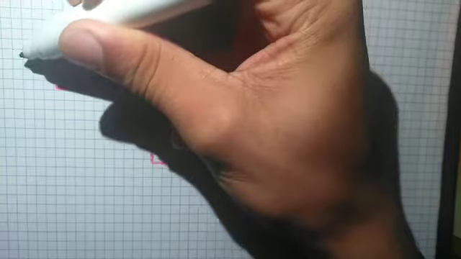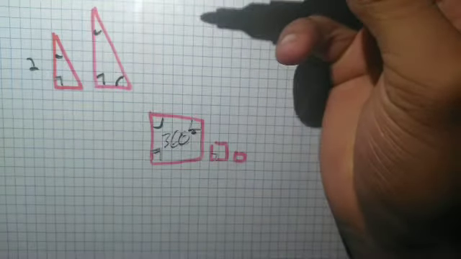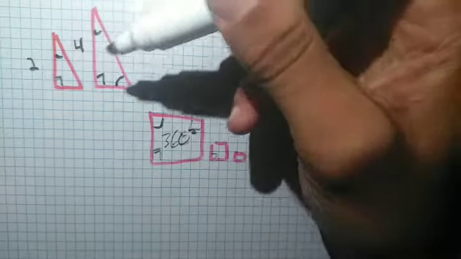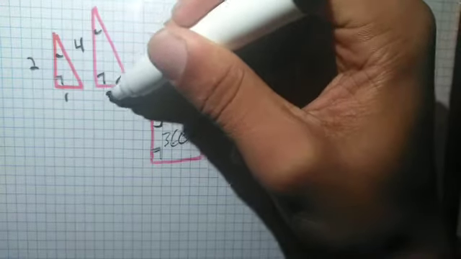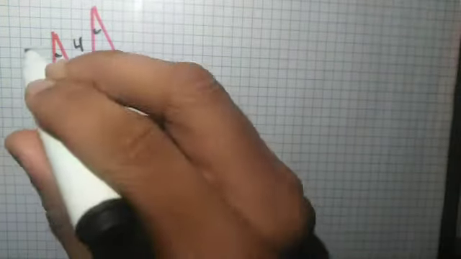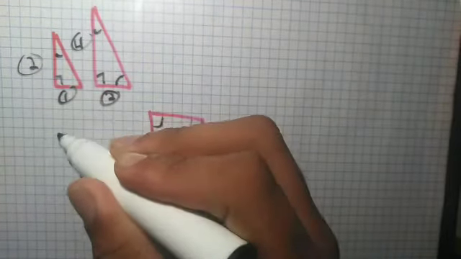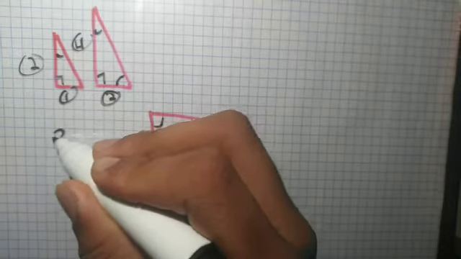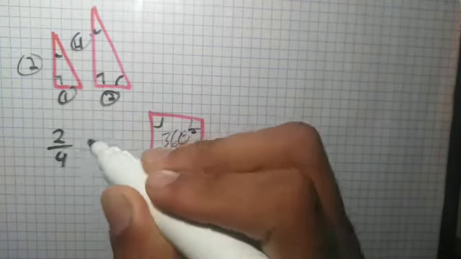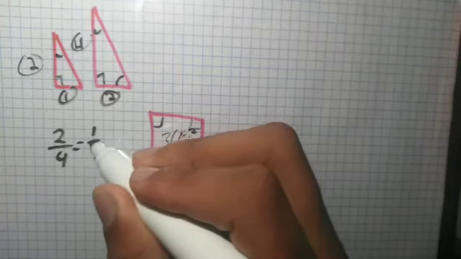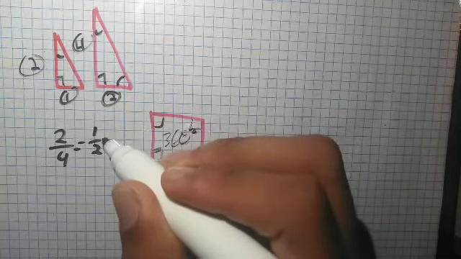So this side length is 2, and this side length on our bigger triangle is 4. Our base is, let's say, 1, and this is 2. There's a ratio here to each of these sides. So let's write it out really quickly. Our ratio is 2 over 4, which is 1/2. There's a 1/2 ratio between them.